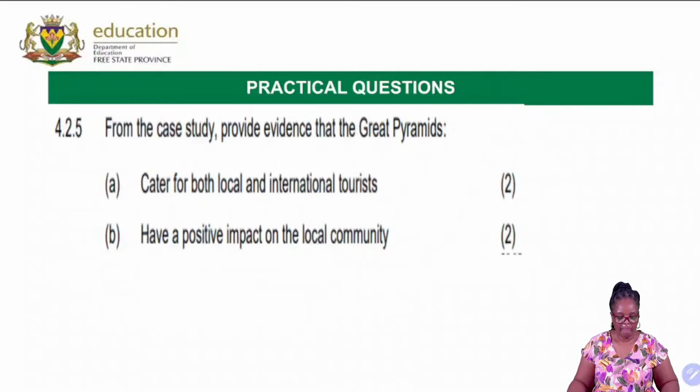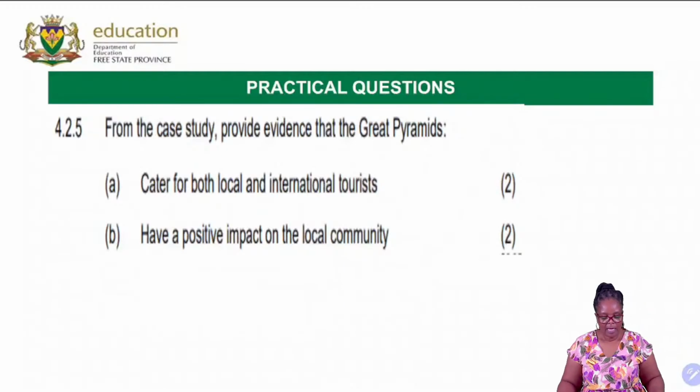Number B, let's look at number B. It says, how can they have a positive impact on the local community? Simple. They need to employ them as tour guides. And the horse and camel owners have been allowed to use their horses and camels to transport the tourists.